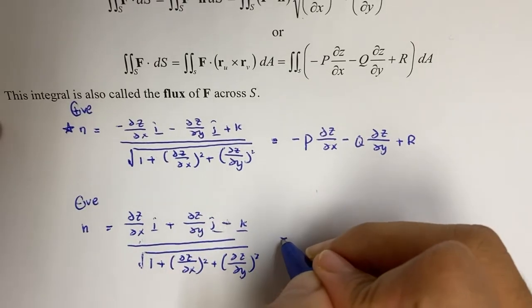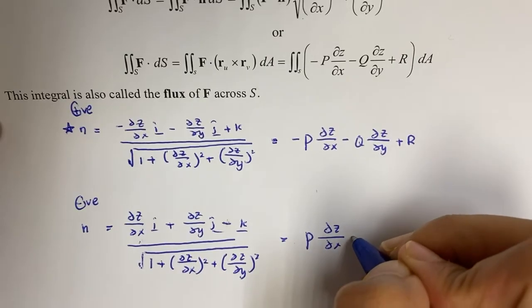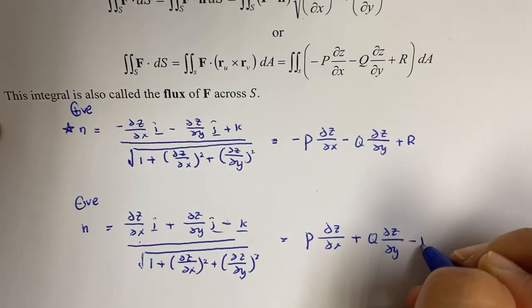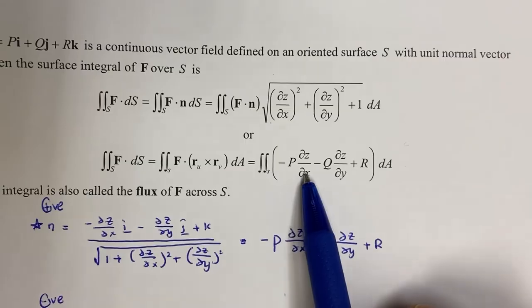And for this one, you have P del z over del x plus Q del z over del y minus R. So this formula is for the positive orientation.